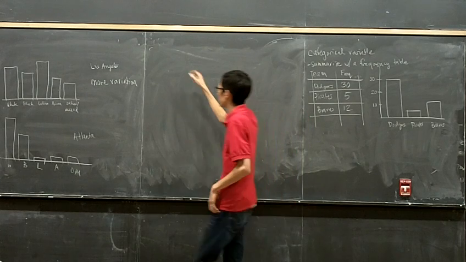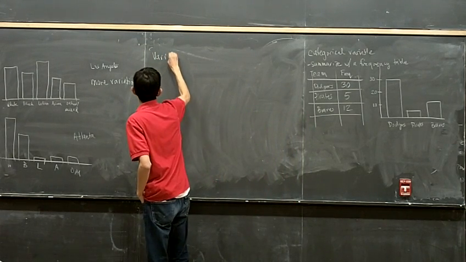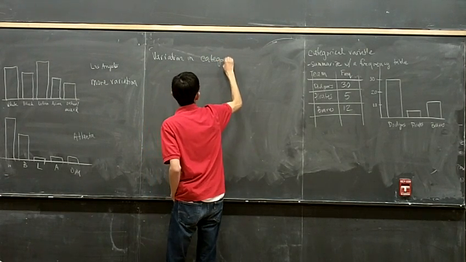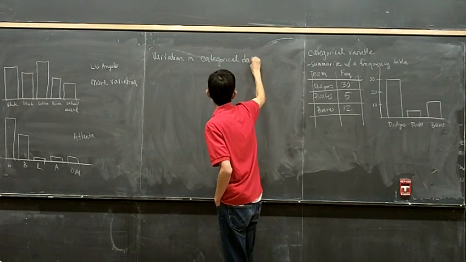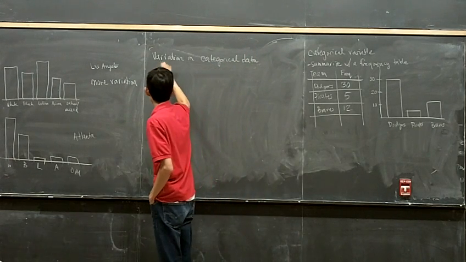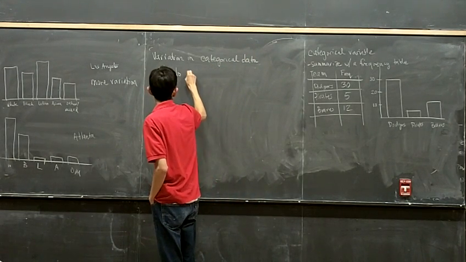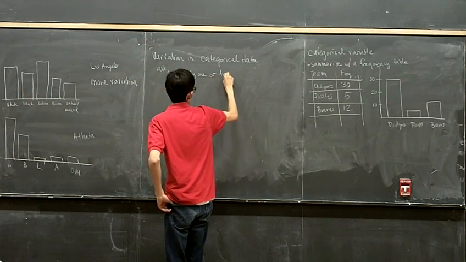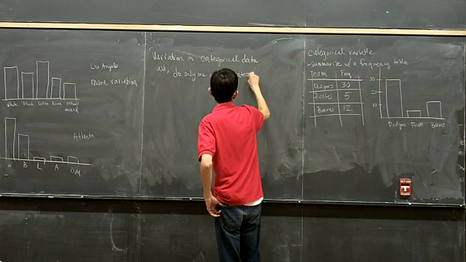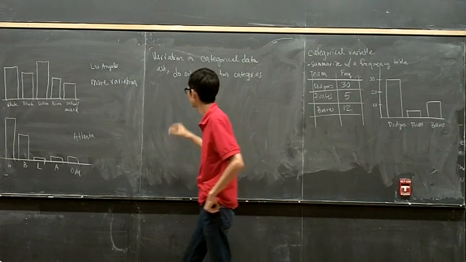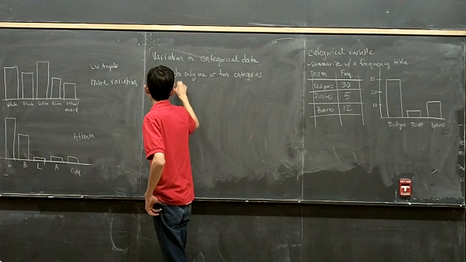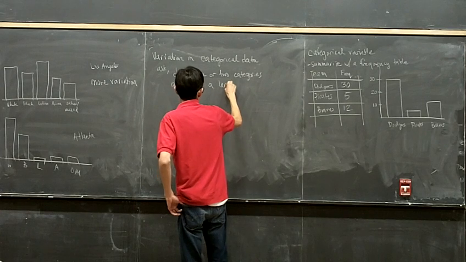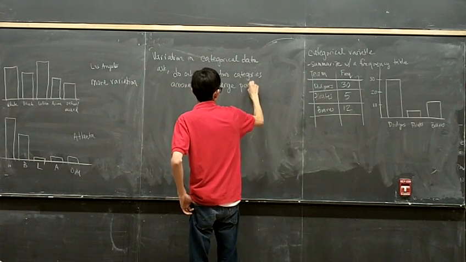So when looking for variation in categorical data, ask: do only one or two categories account for a large portion of your data?